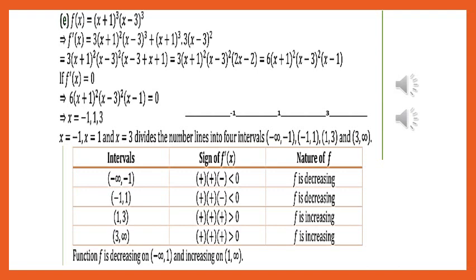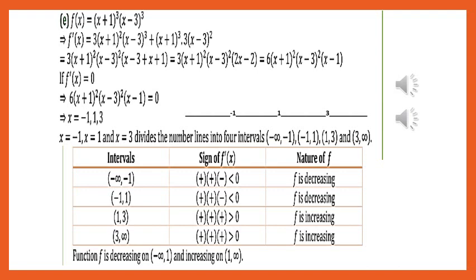Now in minus 1 to 1, positive, positive in minus 1 to 1. Let's take one number, say 0.5. Then we see that it is negative for the factor x minus 1, so positive, positive, negative. So f is decreasing. In 1 to 3, the sign is positive, positive, positive, greater than 0. So f is increasing.